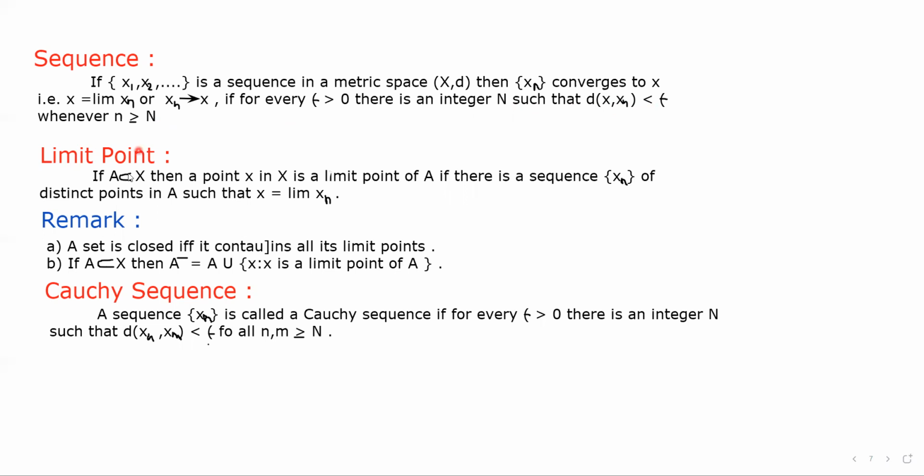Okay. And what is a limit point then? If A is a subset of X, then a point x in X is a limit point of A if there is a sequence xn of distinct points in A such that x equals the limit of xn. Okay. This is the definition of a limit point. What is the condition? That x equals the limit of xn. Then there are two properties. A set is closed if and only if it contains all its limit points.